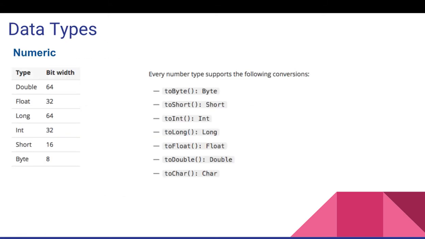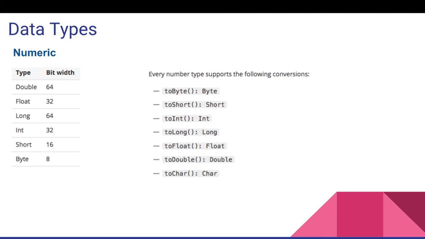Data types in Kotlin. First are the numeric data types. In numeric data types, there are these six data types. Double has a bit width of 64, float is 32, long is 64, int is 32, short is 16, and byte is 8.